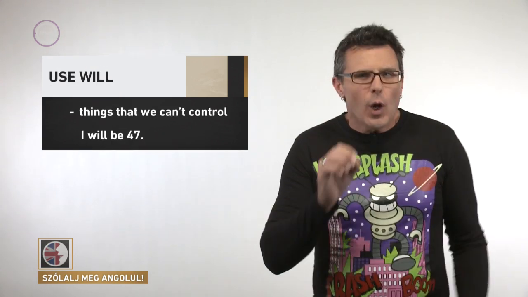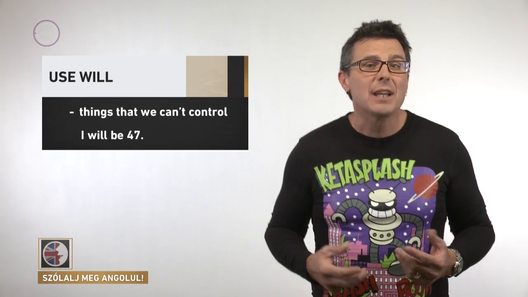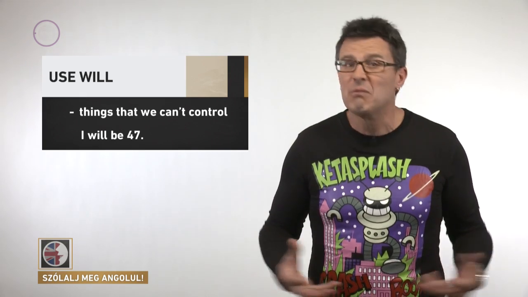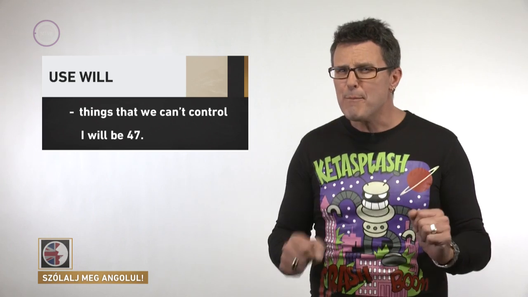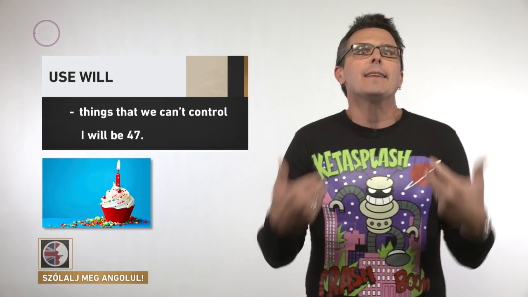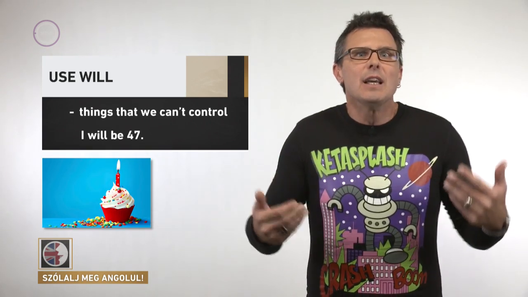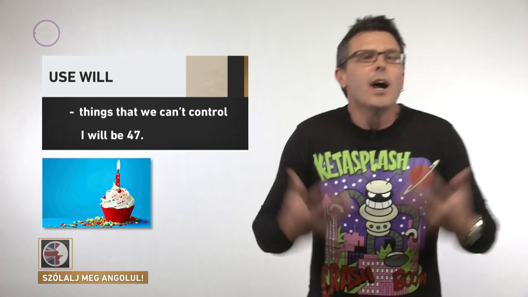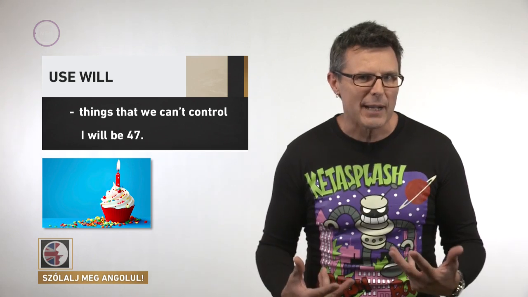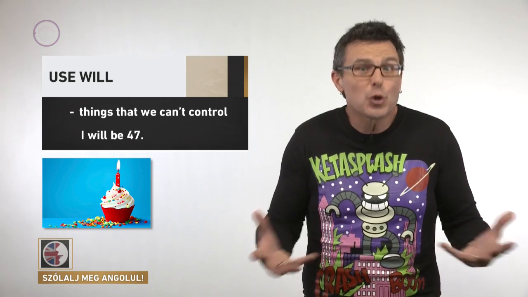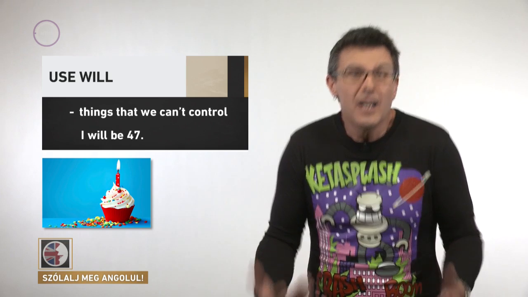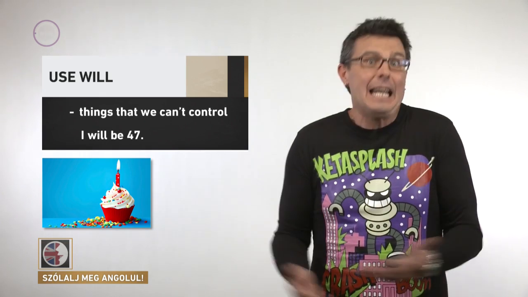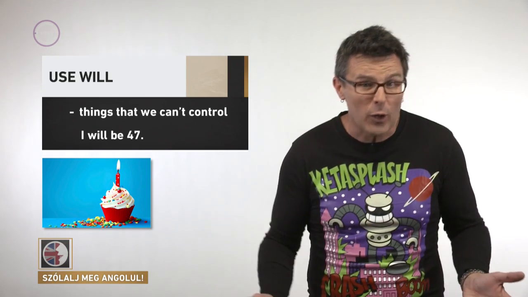That's right. We use will to talk about things that we can't control, for example. Do you remember? That's right. Think of my birthday. This year, I will be 47. I'm using will to talk about it because I have no control over the event. I will be 47 whether I like it or not.